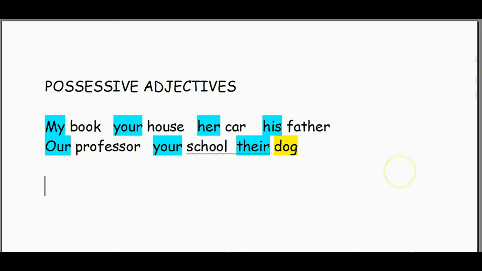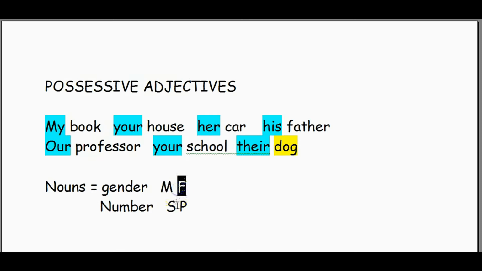And that's it. In Italian, instead, nouns can have four distinctions. One of them is what we call gender, and it can be masculine or feminine. And the other one is what we call number, and it can be singular or plural. And since adjectives have to conform themselves to the noun, they can have four forms.